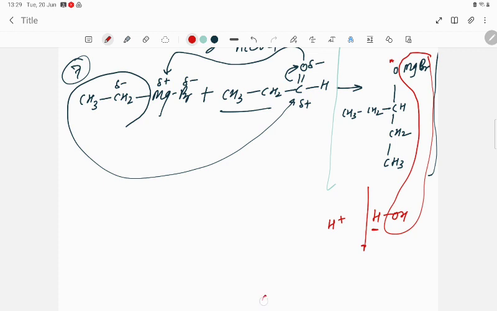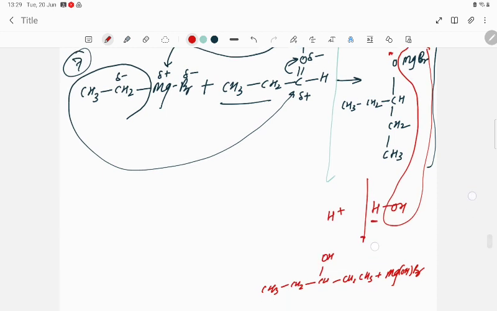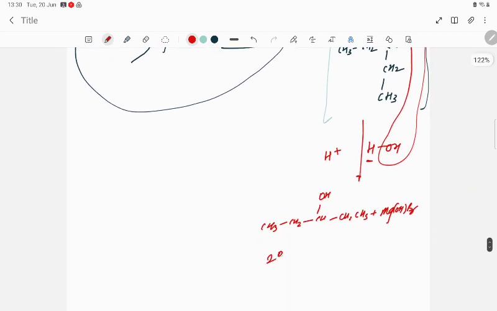So let us see, student, how the product will be. CH3, CH2, CH, and here will be what, student? OH. This is CH2 and CH3, plus what is there? Mg, OH, and here is Br. This is what, student? A 2 degree alcohol. So this is what we got.